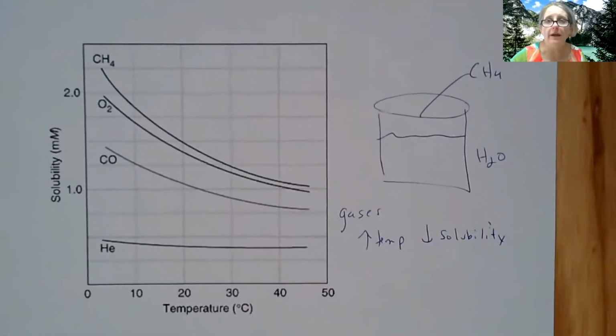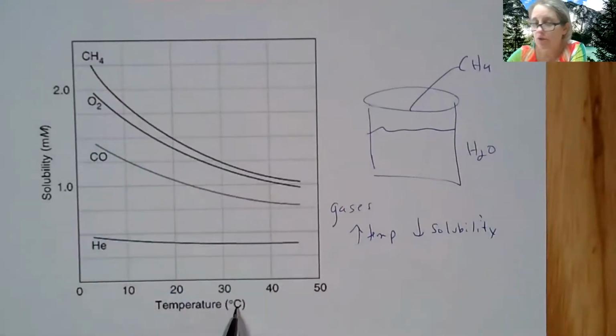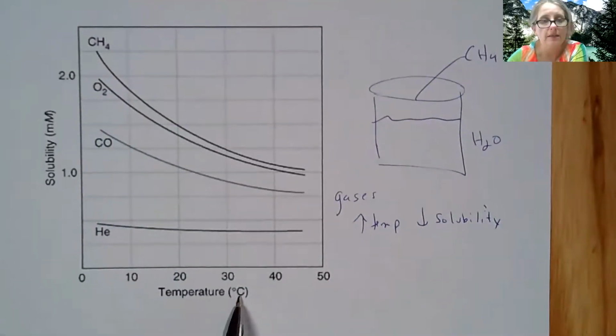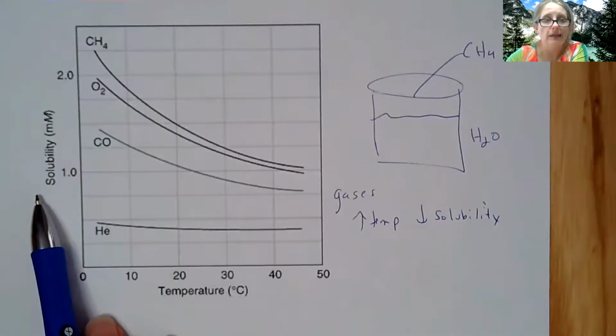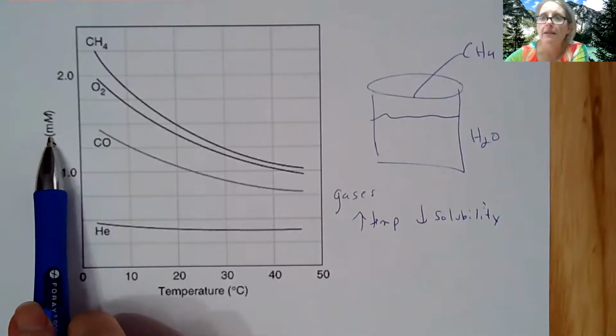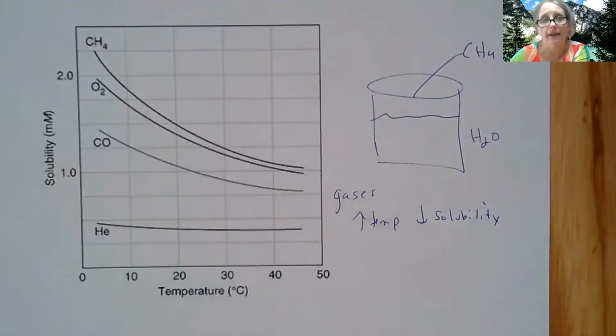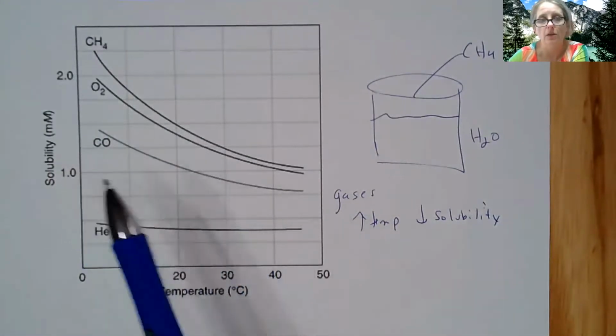This graph is looking at gases and temperature. Again, temperature is on your x-axis, and solubility is over here on your y, and you might see it listed as milli molarity because with gases, you can't get much to dissolve. That's why it's in a lower unit.